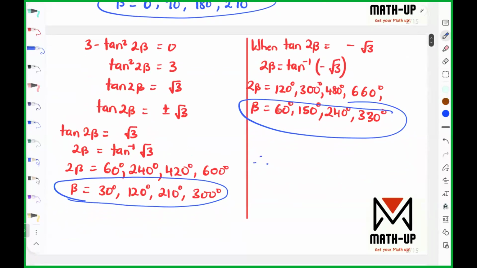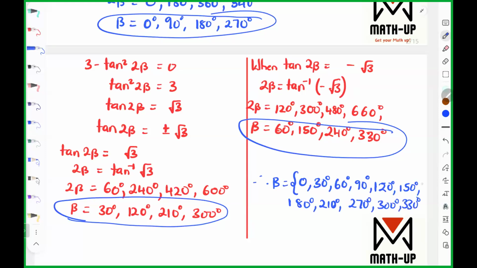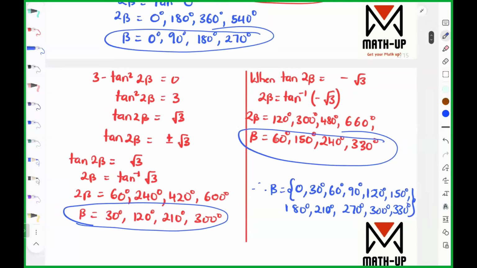So it means that the values of beta are equal to 0 degrees, then 30 degrees, 60 degrees, 90 degrees, 120, 150 degrees, 180, 210, 240, 270, 300 degrees, and lastly, 330 degrees. So those are our solutions to the second question.